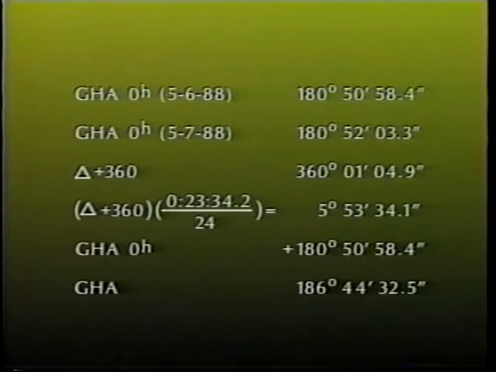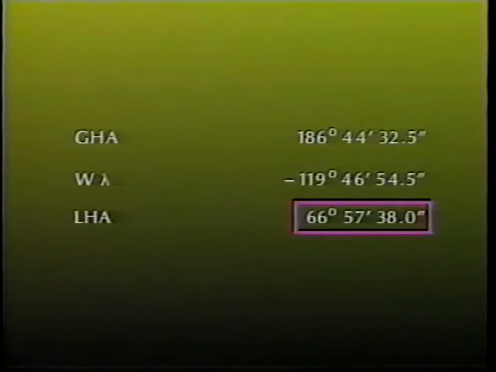And with our problem, adding all this up together, the GHA for the elapsed time is 523.34.1. And then we add this to the 0 hours, and this gives us the GHA at the time of observation, 186.44.32.5. Now we can compute the LHA. The formula LHA equals GHA minus west longitude.